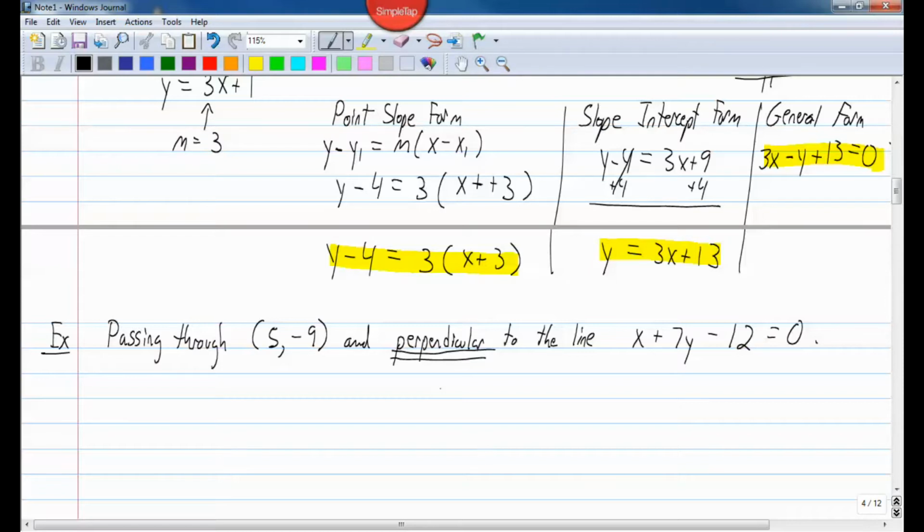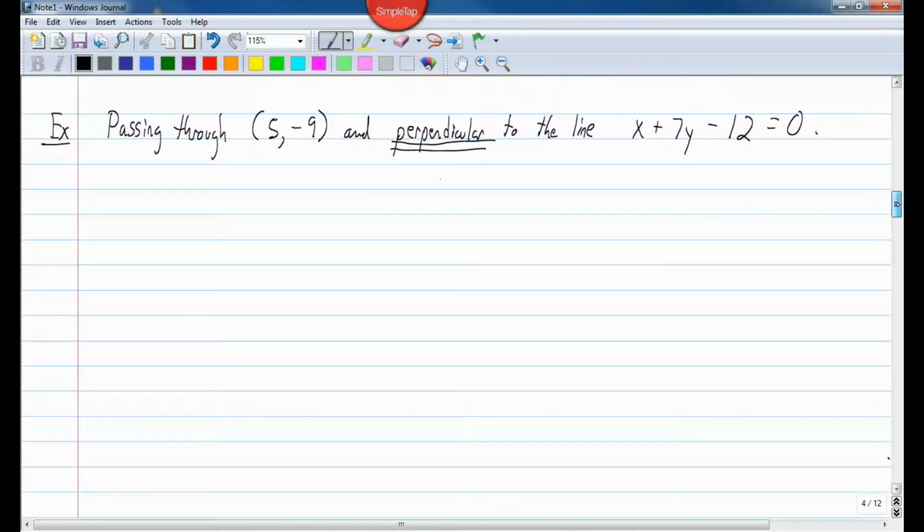The opposite reciprocal is the type of slope perpendicular lines have. Opposite sign and reciprocal. Alright. So if we can figure out the slope of this given line, then I need to flip the slope, and either if it's negative make it positive, if it's positive make it negative.